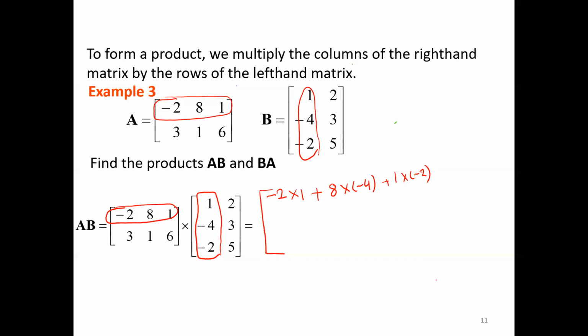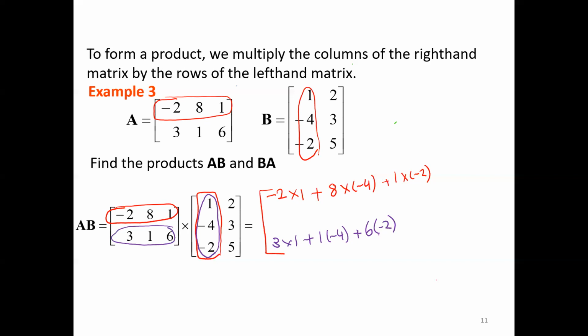This finds the elements of the new matrix. Let's do the other one as well. For the second one down there, I take this row and multiply by the first column again. So this is going to be 3 times 1 plus 1 times -4 plus 6 times -2.